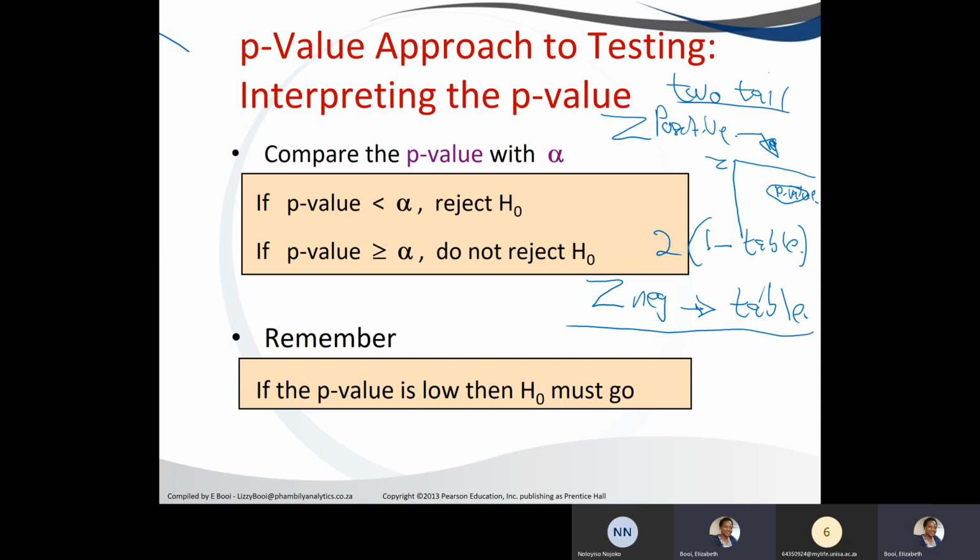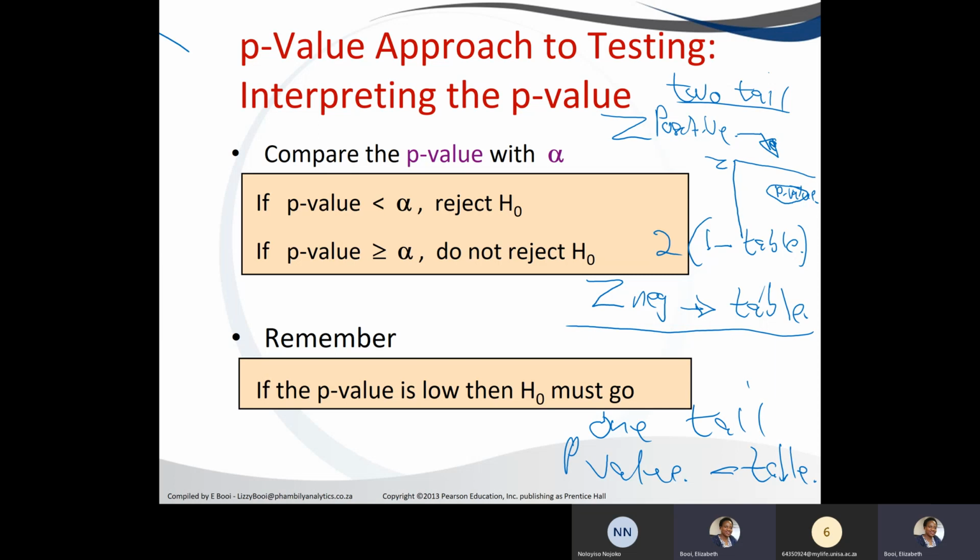For a one-tail, the value you see on the table is the answer you get. So for one tail, the p-value will be the table value, because with the p-value, we use the Z values to go find the p-value.